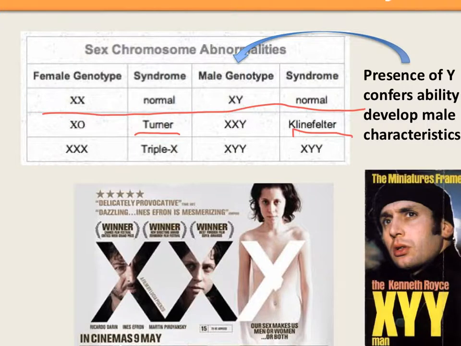And then if you have triple X, that means 3 X's. That's triple X syndrome. And then you can also have an XYY. Okay.